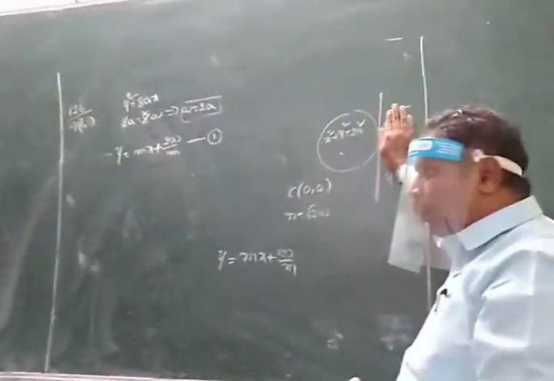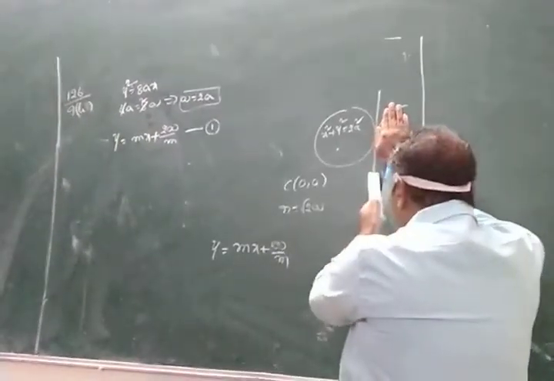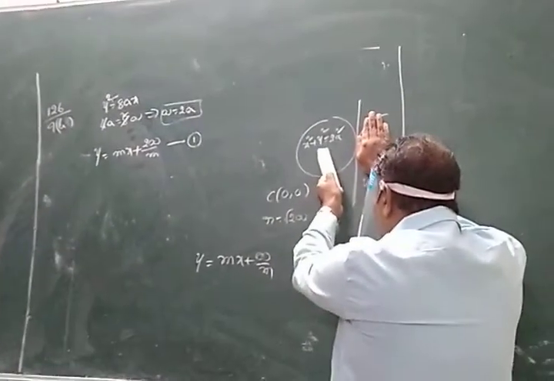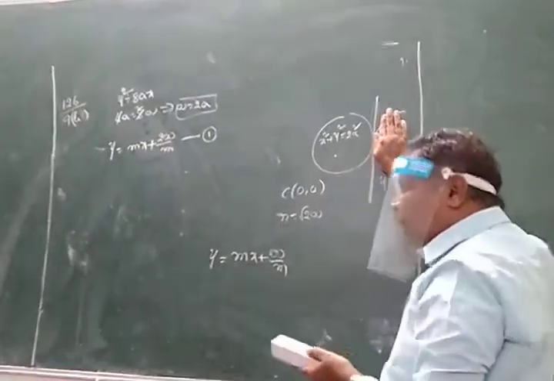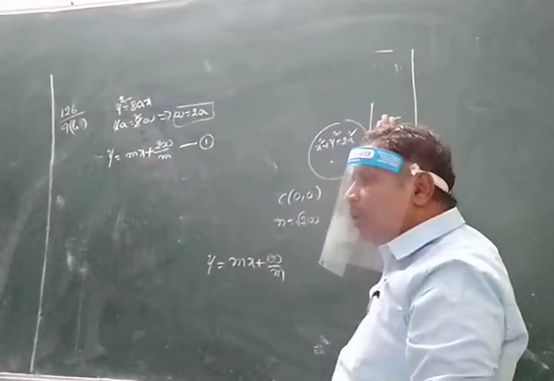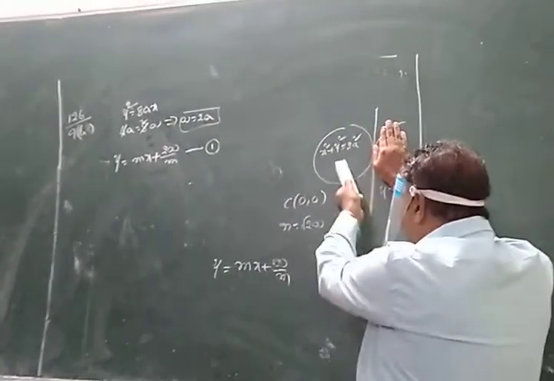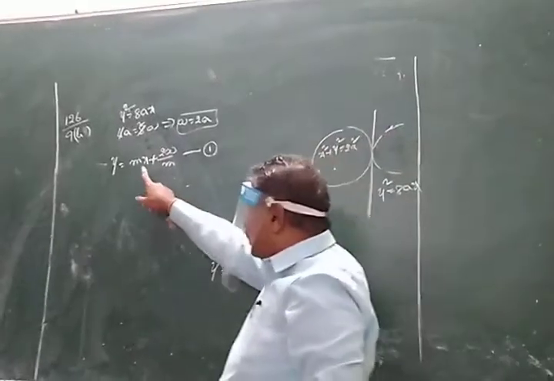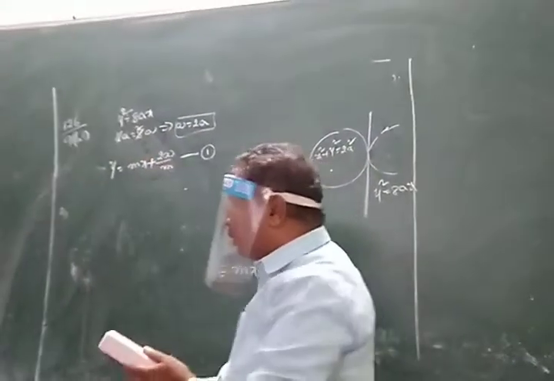This equation number 1 touches the circle. When a line touches the circle, condition is r equal to d. By using the r equal to d formula, we calculate this m value. That is the procedure. Write the notes.